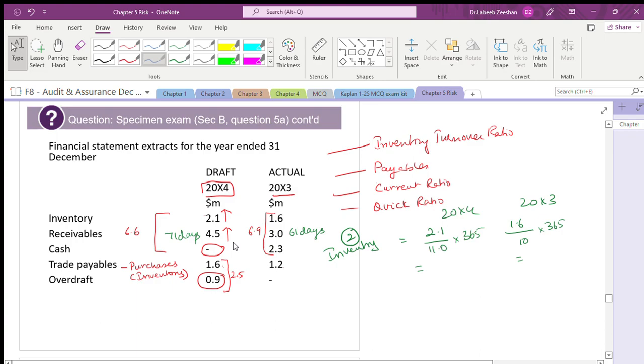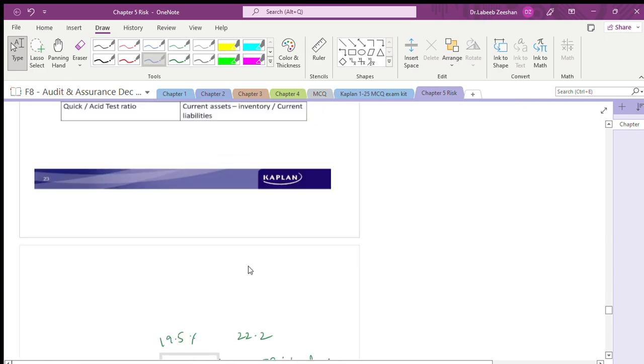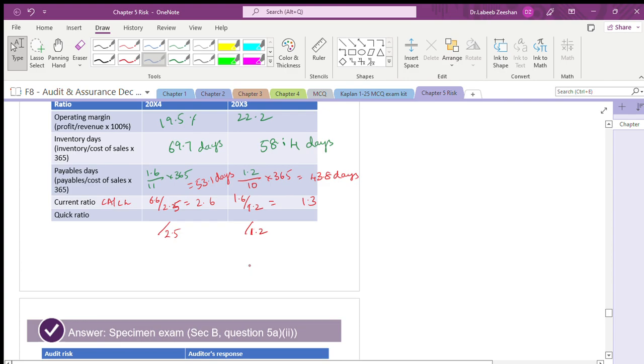Current assets minus inventory: 6.6 minus 2.1 is 4.5, and 6.9 minus 1.6 is 5.3. Just check, 4.5 and 5.3. How much will you get? Yes, 1.8.